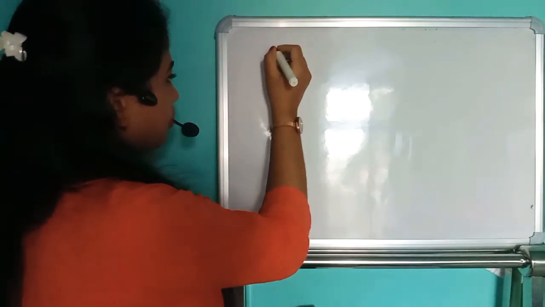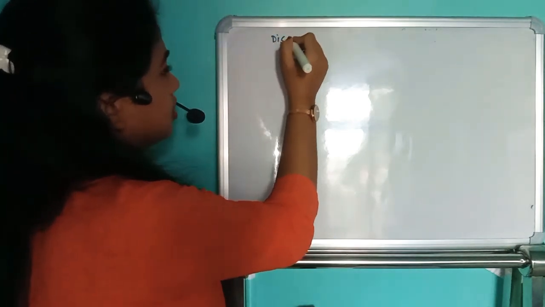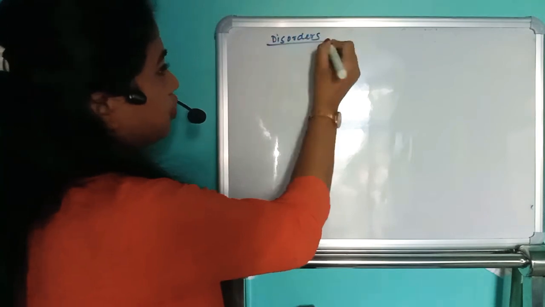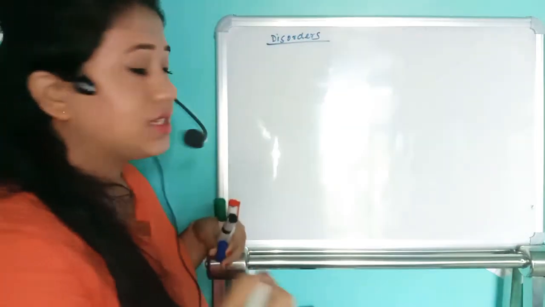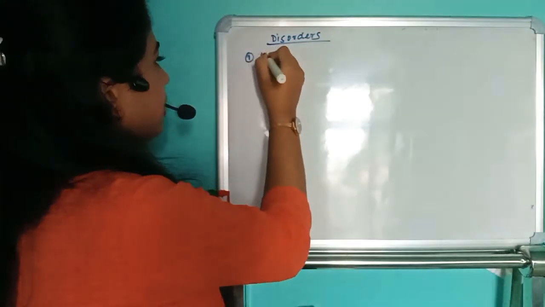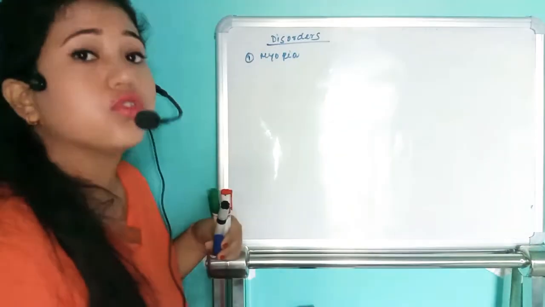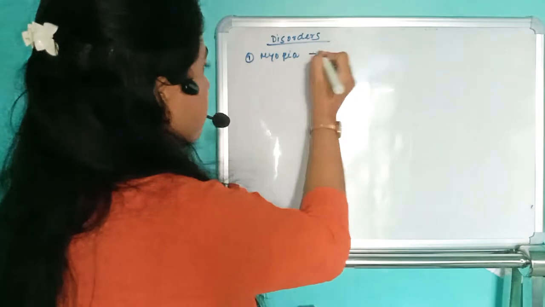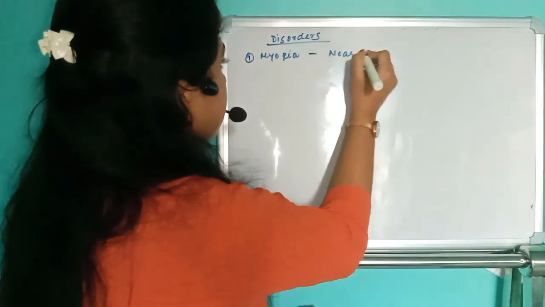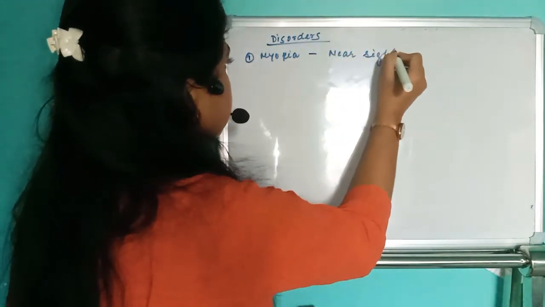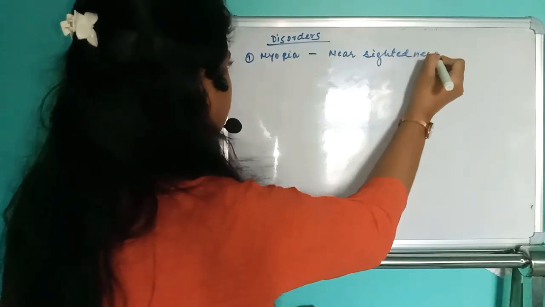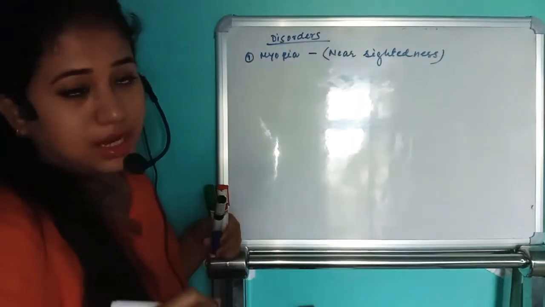So let's see the different disorders of the eye. The first disease we'll see here is myopia. This myopia is also called nearsightedness. Why is it called nearsightedness?